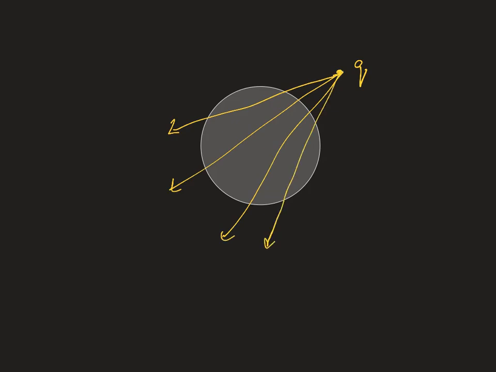Let's consider a spherical conductor, and let me draw it. This is a spherical conductor, and there's a charge Q that is outside the conductor, and due to this charge Q there will be field lines both inside the conductor as well as out.